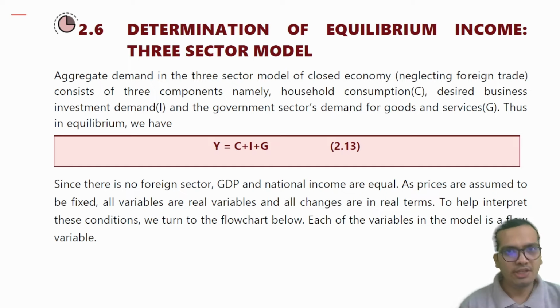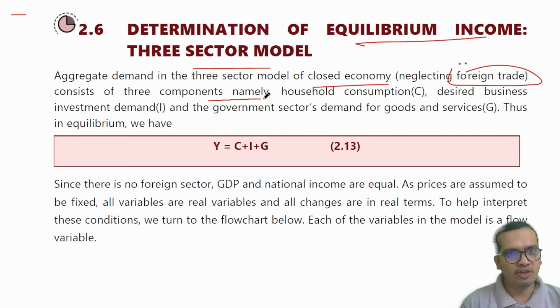Now we have determination of equilibrium income, that is the 3-sector model. Aggregate demand in the 3-sector model of a closed economy, neglecting foreign trade, consists of 3 components, namely household consumption, desired business investment demand, and the government sector's demand for goods and services.